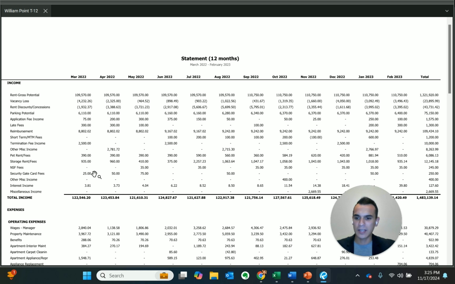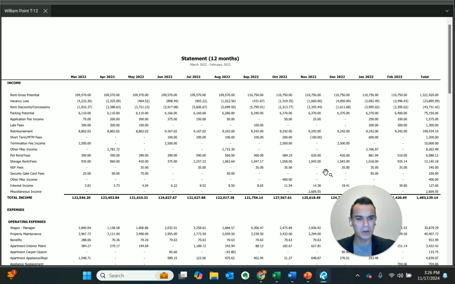NSF fees. So NSF fees are for when they have to chase delinquent rents. So there might be fees involved with contacting an attorney, or just a fee for processing a transaction.